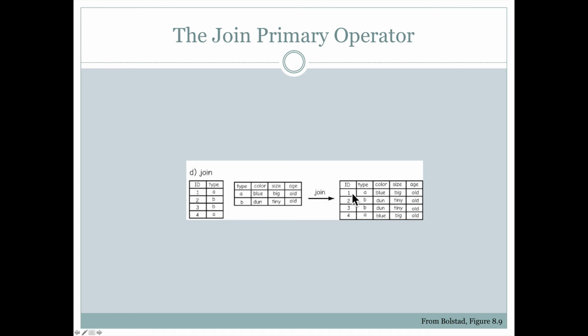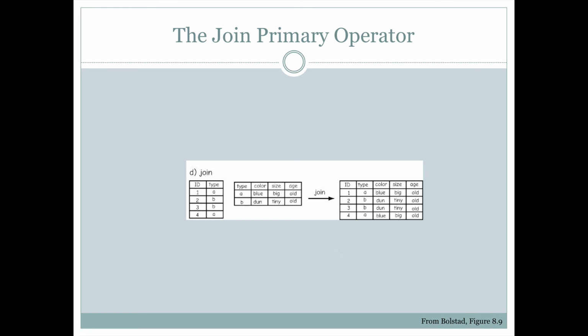And we can see in this case that's ID 1. And ID 4 also is joined to this, and so here we get blue, big, and old again, but everything that has a B associated with it in the type, which is the key, would get green, tiny, and old associated with it. So these 2 records or rows in the attribute table would be associated with those.